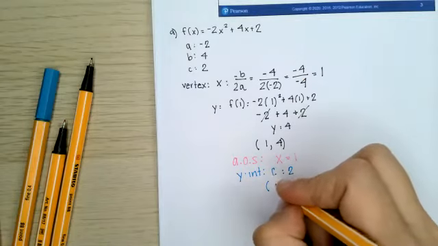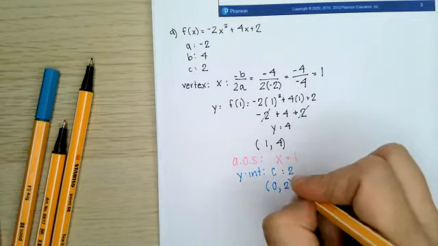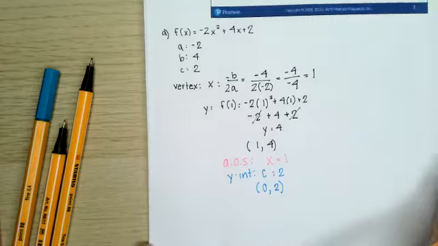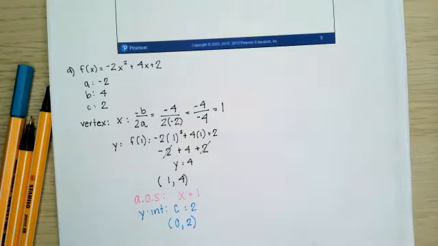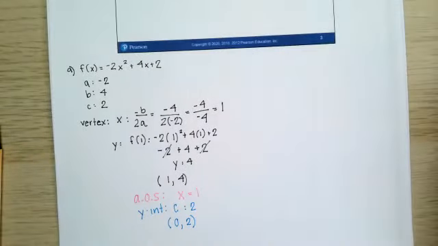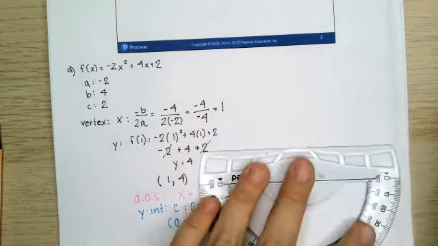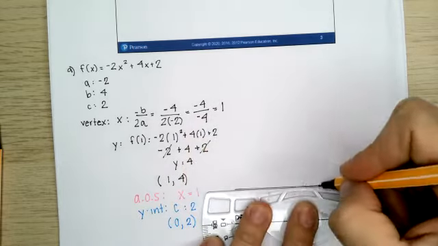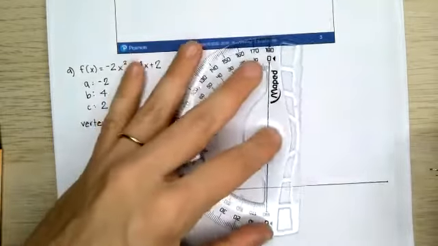So my y-intercept is going to be at 0, positive 2. So that graph is going to look, do we have time? Let's see, from 1, 4, and it's going to open down, 1, 4 opening down, right? Crossing at 2.